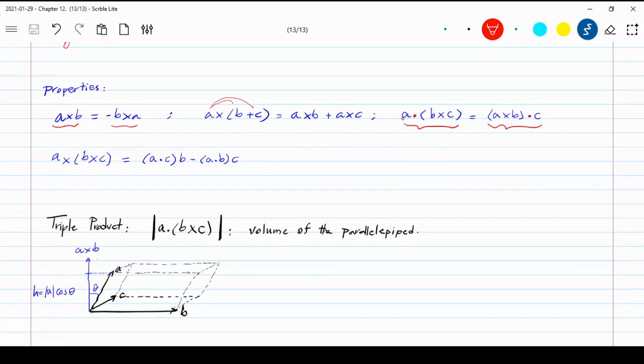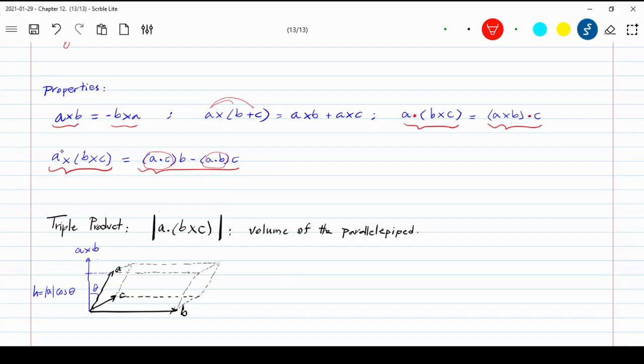And as a result of these triple products, which is not quite that easy to show, you have to calculate all the combinations, you'll see that there is an identity that you can write the cross product in terms of the dot product multiplied by the vectors B and C. So if you have A cross B cross C, you can write it as A dot C multiplied by B, that constant times B, minus A dot B times the vector C. These are constants since they are dot products.